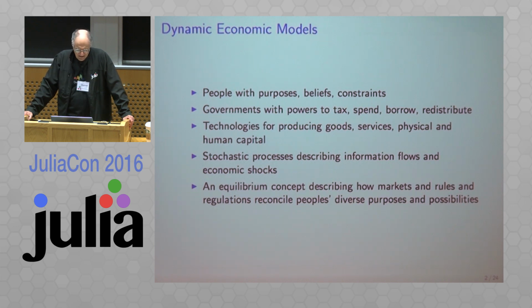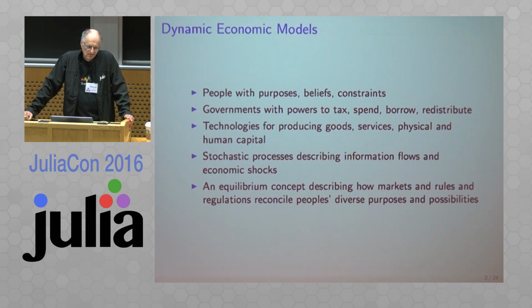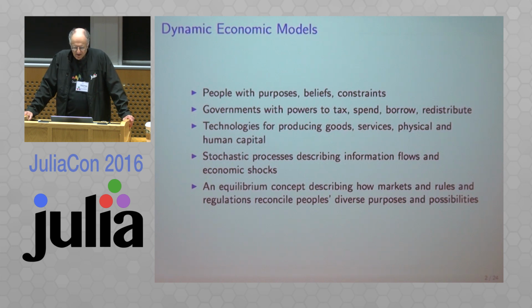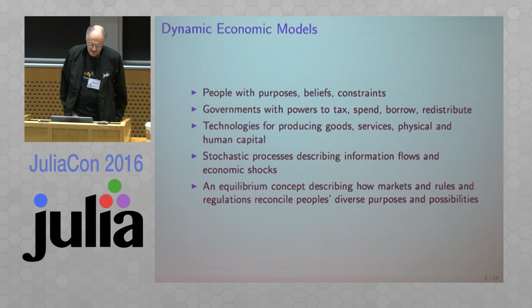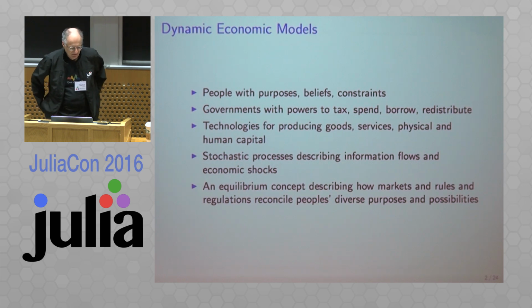Then the next thing is there are going to be stochastic processes. That's a probability distribution over a sequence. They're going to describe information flows and economic shocks, like the one that may or may not have occurred last night. And then there's going to be an equilibrium concept.